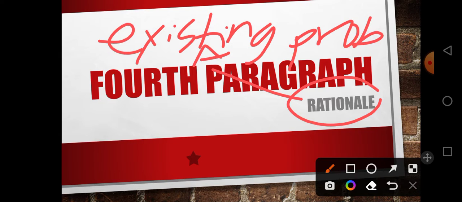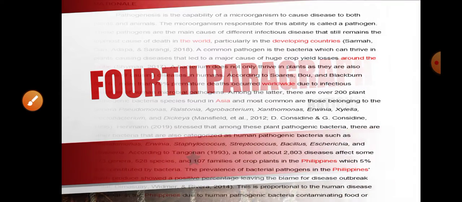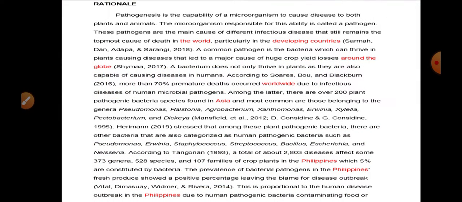But how do we write our rationale? Let's look at the following examples. This is an example of the rationale of the background of the study. This appears as the fourth paragraph of your background of the study. In this example, notice the highlighted words.